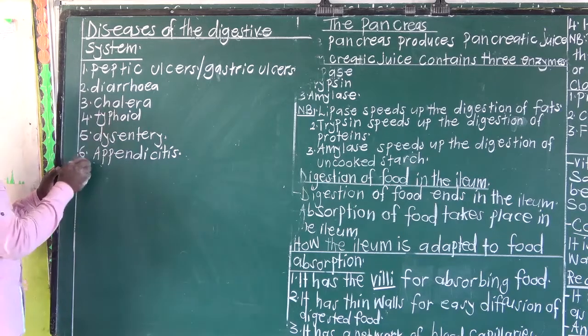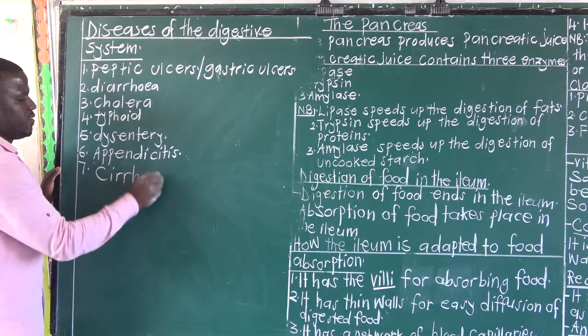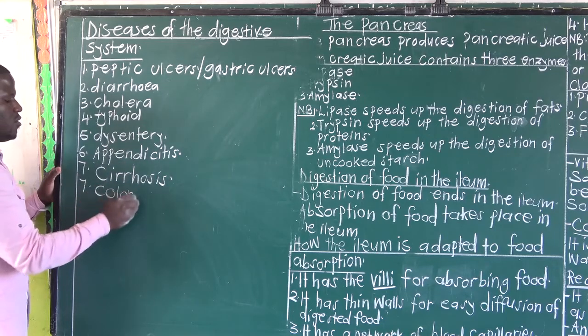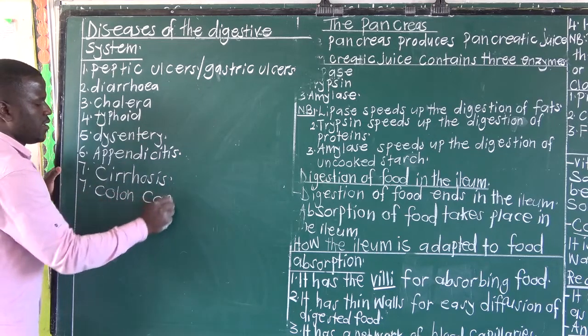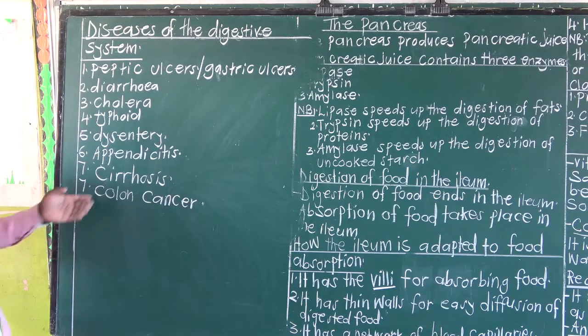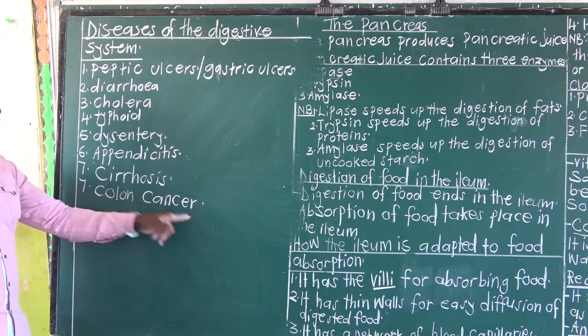Then we have another disease called cirrhosis. We have another one called colon cancer. Now, all these are diseases of the digestive system. Colon cancer affects the colon.